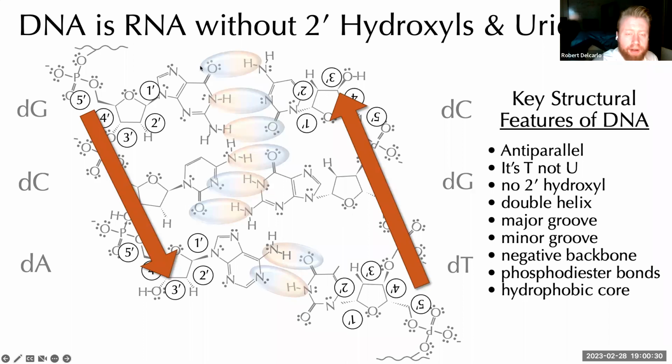Now, let's point out that everything here in the middle of the helix is not nearly as hydrophobic as, say, a lipid by any means, but there is a gradient of hydrophobicity. The outside of the helix is going to have these negatively charged phosphate groups and these polar hydroxyl groups hanging off of the sugars.